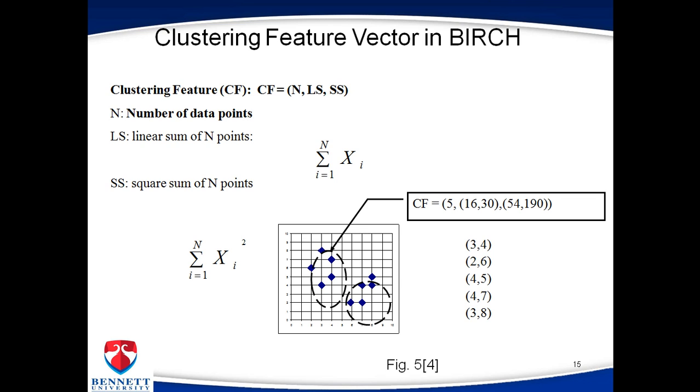Then LS is the linear sum, so the sum of the x values is 3 plus 2 plus 4 plus 4 plus 3, which is 16, and the y values are the same, 4 plus 6 plus 5 plus 7 plus 8, which is 30. Then the square sum: 9 plus 4 plus 16 plus 16 plus 9 is 54, and 16 plus 36 plus 25 plus 49 plus 64 is 190. So the clustering feature is (5, (16,30), (54,190)).